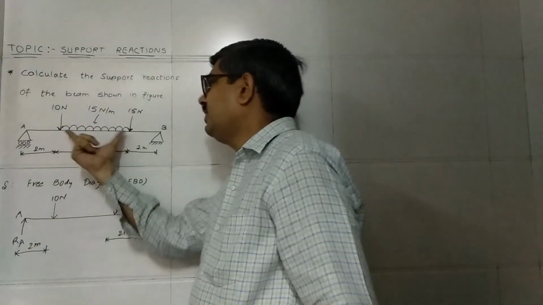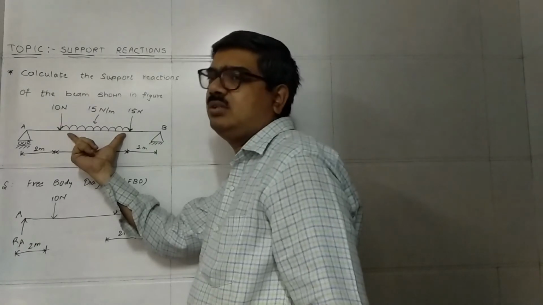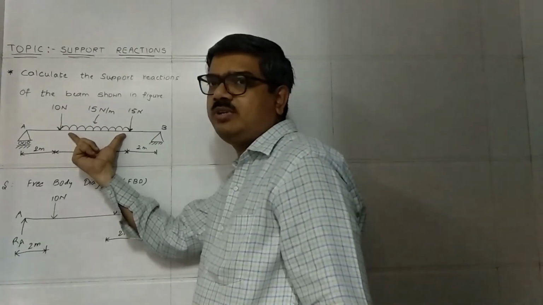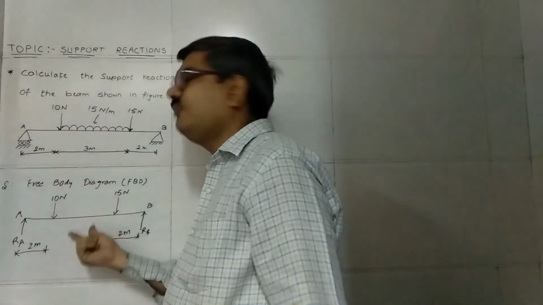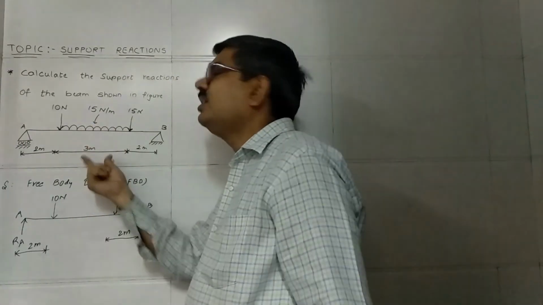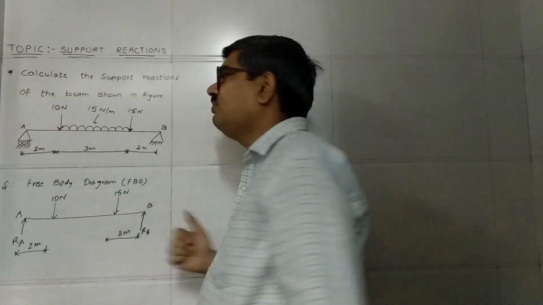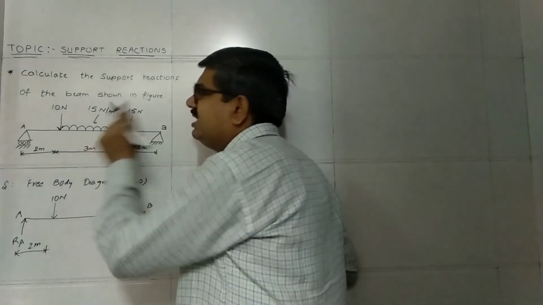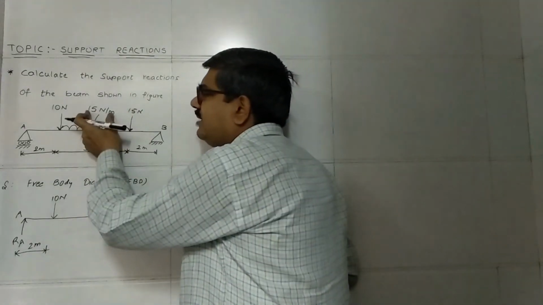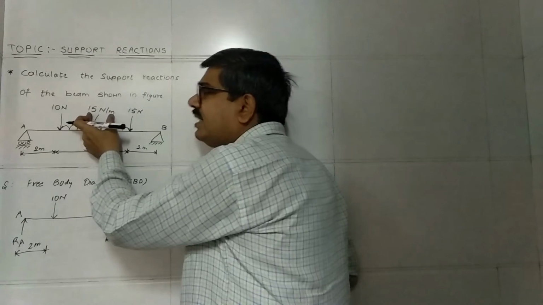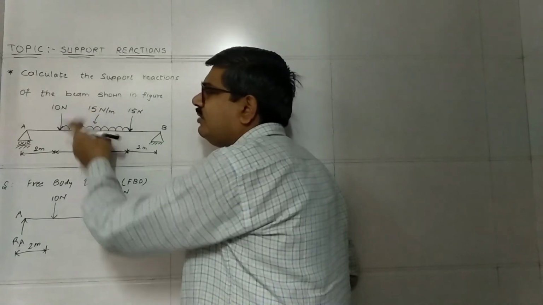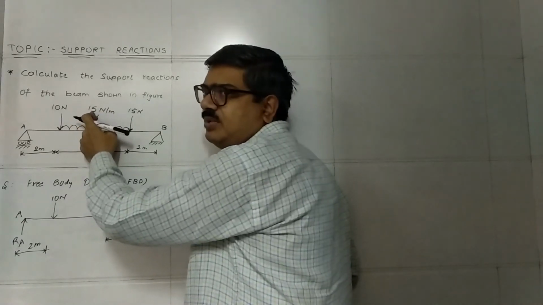Now see, the third load which is acting on the beam is a UDL, uniformly distributed load. Whenever you draw a free body diagram, we have to convert the UDL into a concentrated, that is point load. How to convert the UDL into a point load? You only have to multiply the magnitude of the UDL. What is the value of this UDL? 15 Newton per meter.